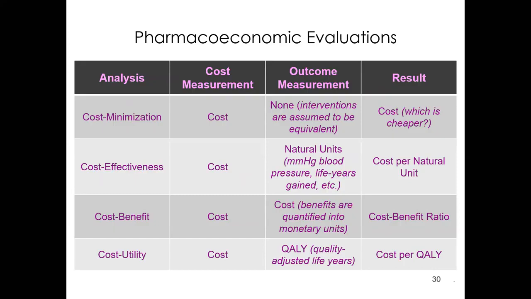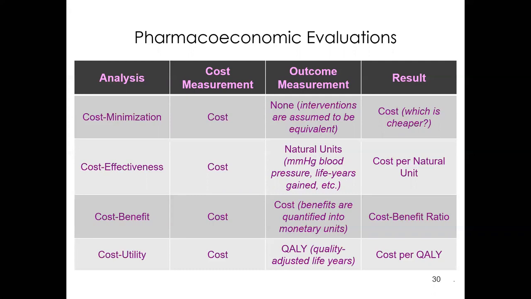Cost-benefit analysis compares the monetary cost of the treatment to the monetary benefits of the treatment. Monetary benefits might be considered like future treatments that you won't need. If you get this treatment now, you'll save money from not buying them.